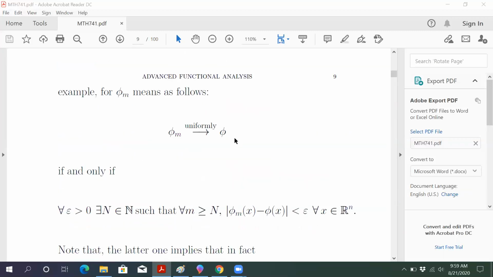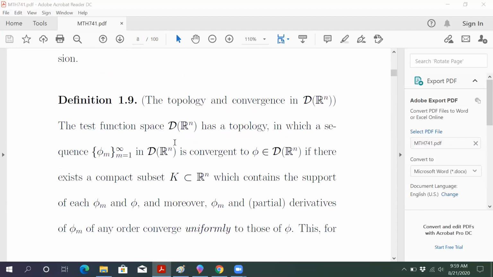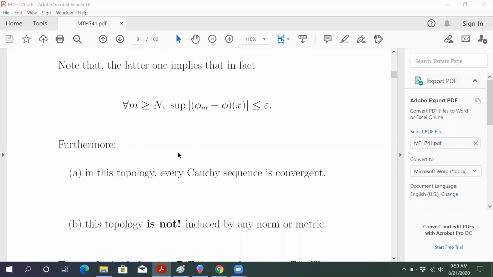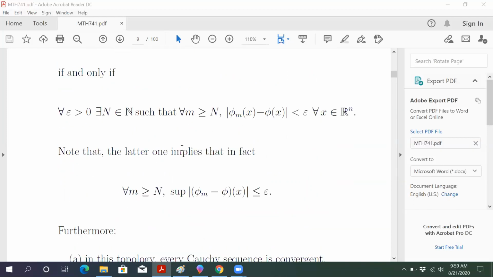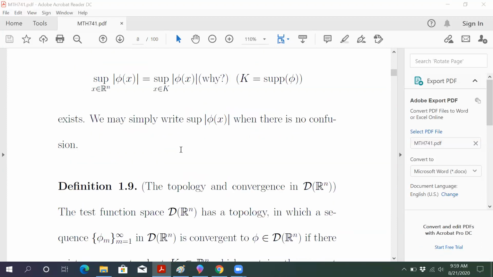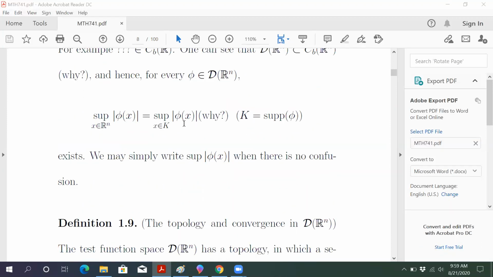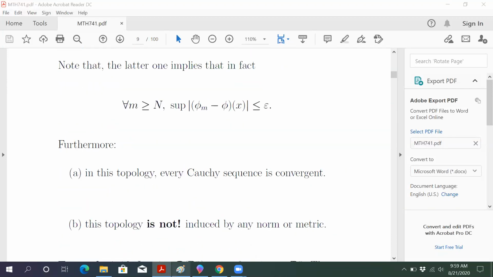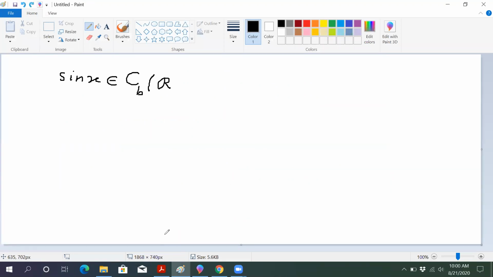It means this topology on D(R^n) that we explained. Let me go back and show here. You remember we said that it has a topology. This topology of D(R^n) is not induced by any norm or metric. That's why, look at here, do you remember I said here this supremum exists? Let me explain something about this, why I did not mention norm. Okay. If you remember, we said that this D(R^n), test function space, is a subset of C_b(R^n).